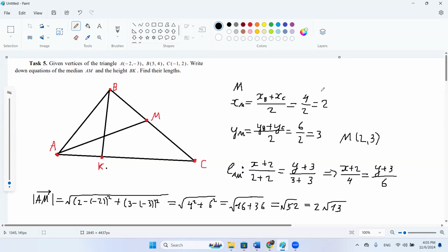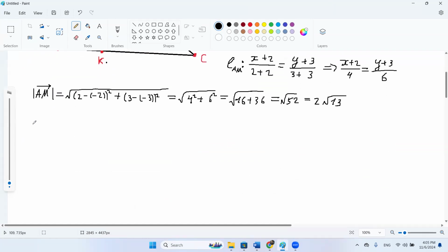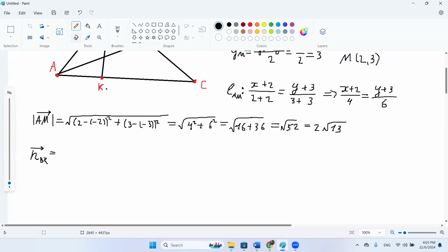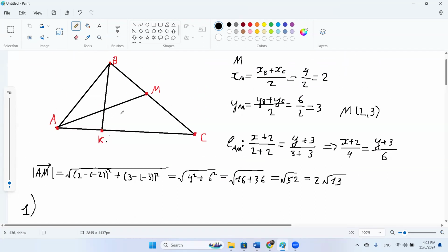Okay. And now we will find BK. So what do we have for BK? We know the normal vector of BK. First of all, the first steps: we need to find the normal vector of BK.